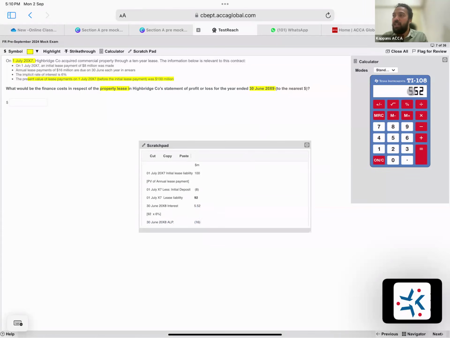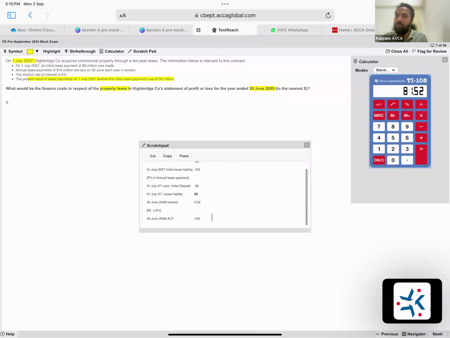So now use the calculators. 92 plus 5.52 minus 16 is equal to 81.52.